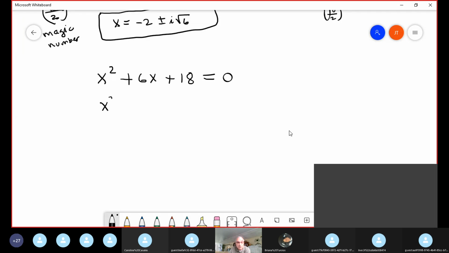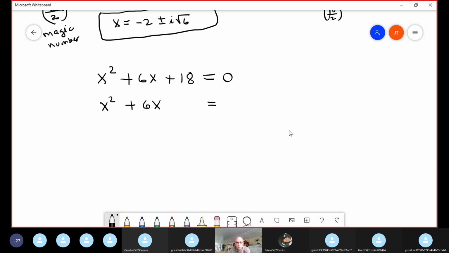I bring down x squared plus 6x, and I move 18 to the other side. I try to introduce here a magic number that completes the square. Okay, let me try. Could you help me?